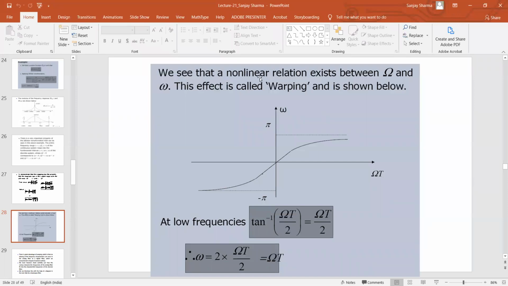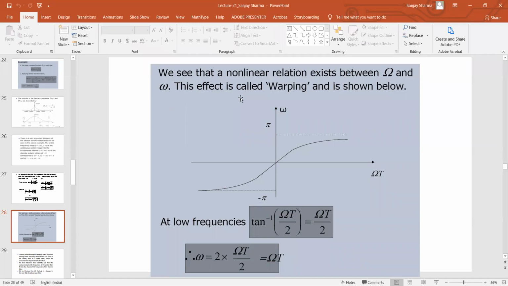We see that a nonlinear relation exists between capital omega and small omega. So this is not linear. When the analog frequencies go high, this relationship is not linear. That means there is a squeezing of the digital frequencies, right?